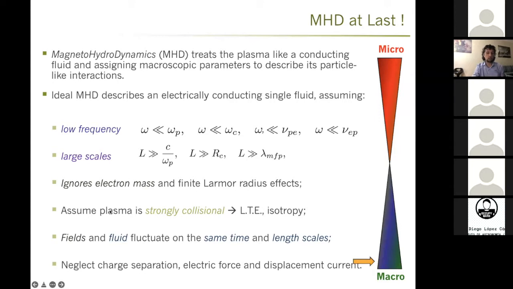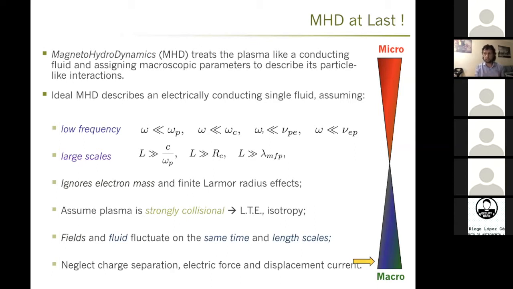Then you need to assume that the plasma is strongly collisional, or at least that you have a local thermodynamic equilibrium. This condition on collisions can actually be relaxed, but this also requires some time to explain why. But let's say there are formulations of MHD that are also valid in the collisionless limit. The other thing is that the fields and the fluid will fluctuate on the same time and length scale.